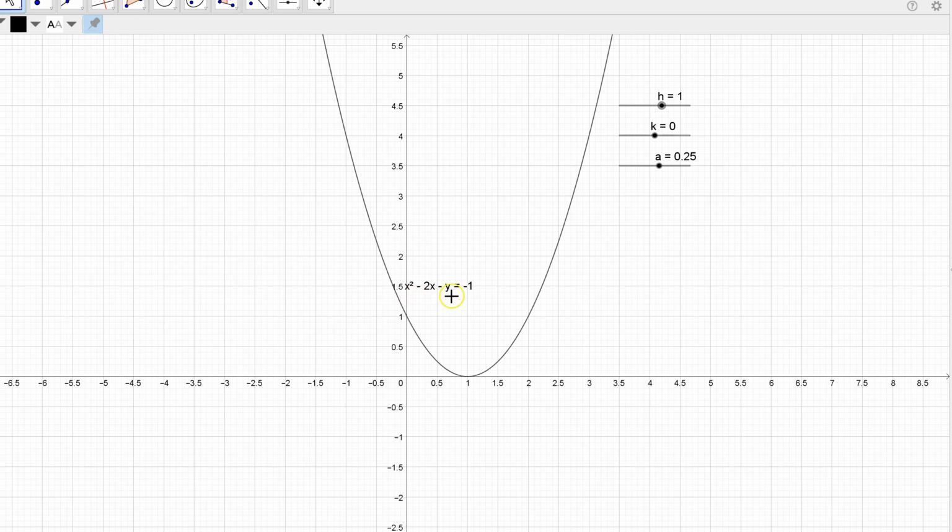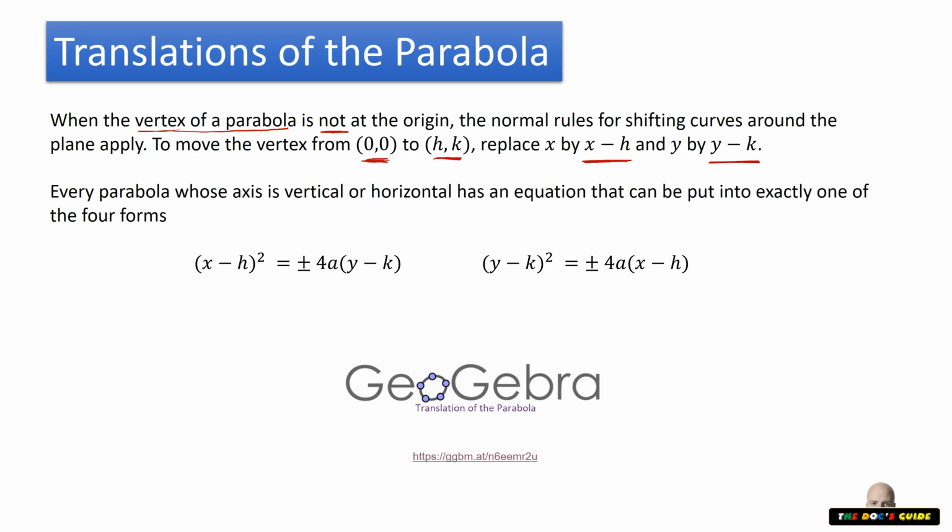So we're going to be spending quite a bit of time rearranging the equation written in, I guess, some version of Cartesian form, and putting it into the form where we can read off the vertex straight away. So what we have here are the four forms that we can put it into when we move the vertex.